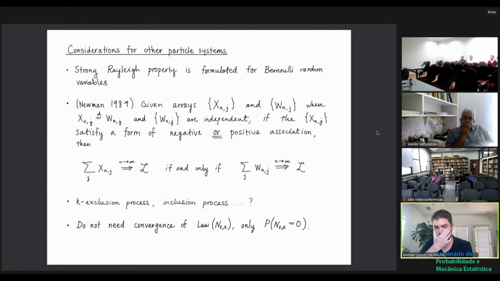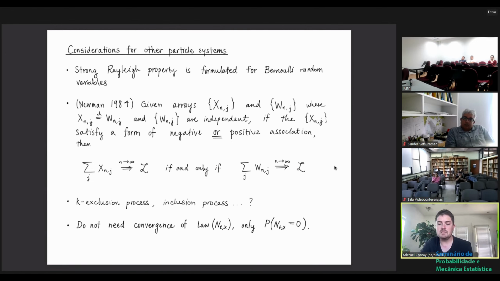So there's this result of Newman that given arrays, say X and W, where marginally these random variables are the same, the W's are independent, and if the X's satisfy a form of negative or positive association, it's a technical form given there, then you have convergence of the sum of X's to some law if and only if the sum of independent random variables converges.